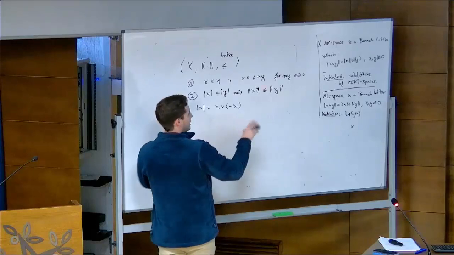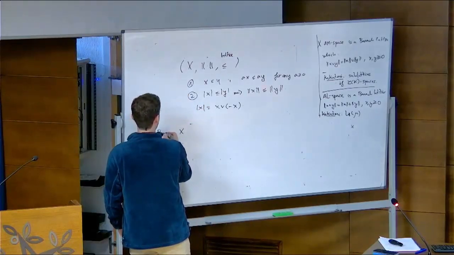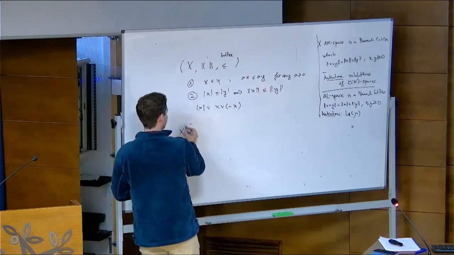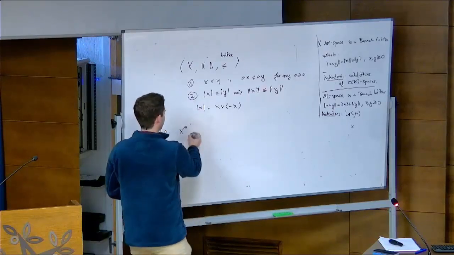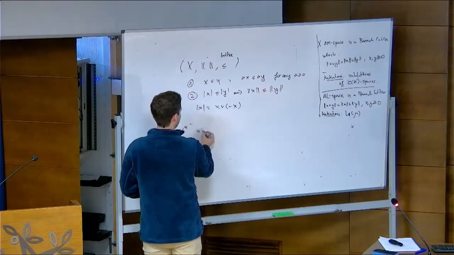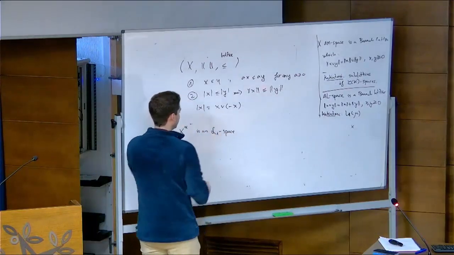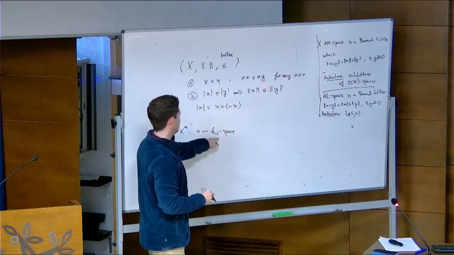I'm going to sketch the proof. Since X is a Banach lattice, its dual is also a Banach lattice, and it's a script L1 space. The dual of a script L infinity space is a script L1 space.